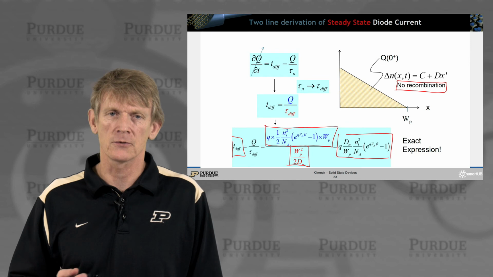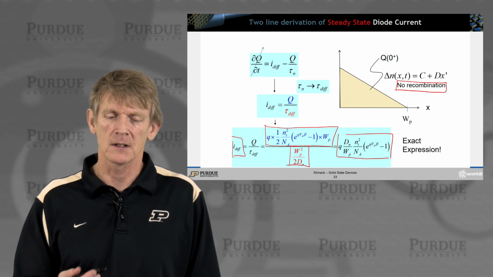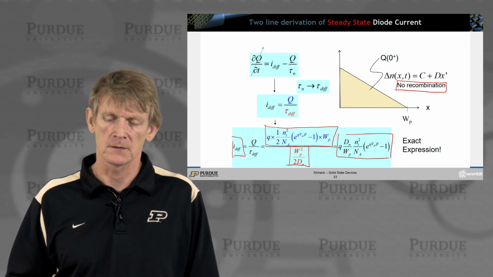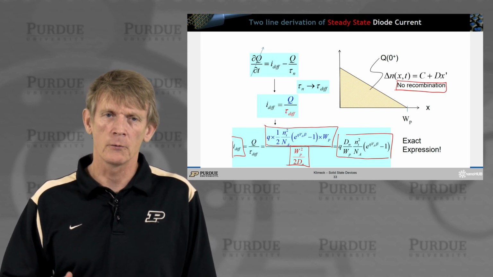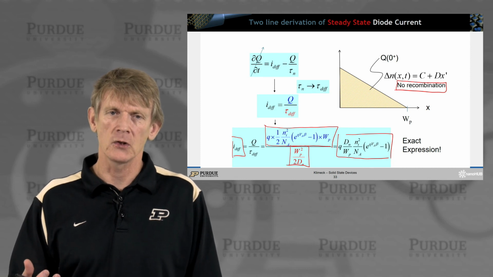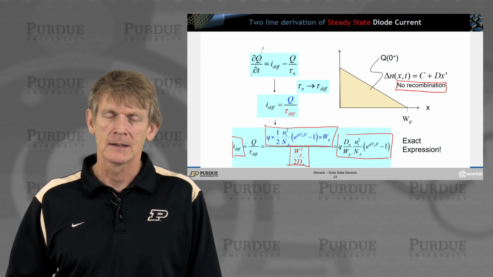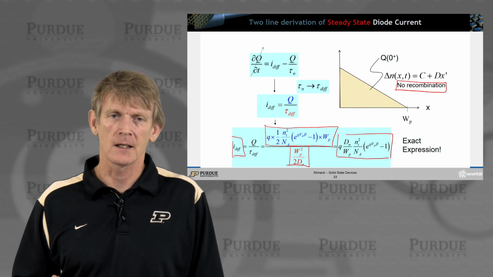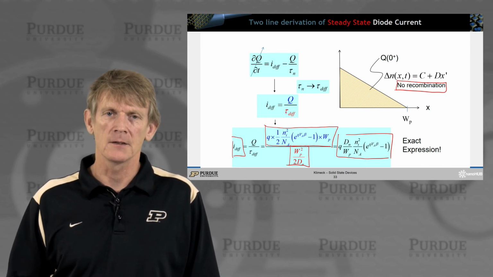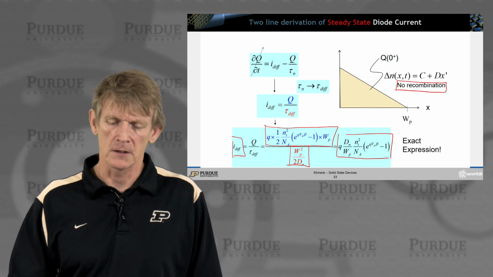So the charge control model in its limits like this gives you an exact solution to the diffusion current of the system. It's rewarding to see, and it also shows how these elements are related to each other. These are not approximations standing willy-nilly that you pull in as you need, but they're all related to each other.